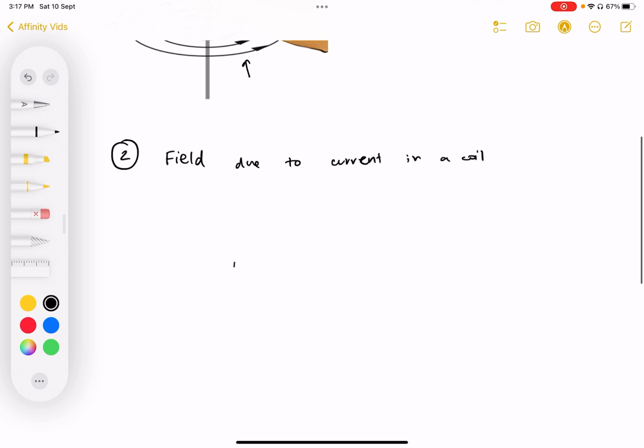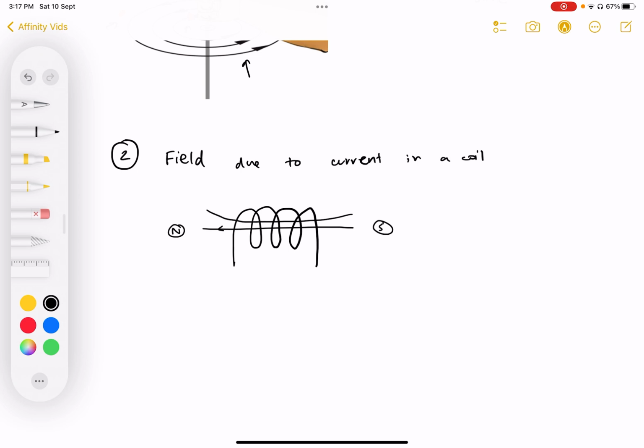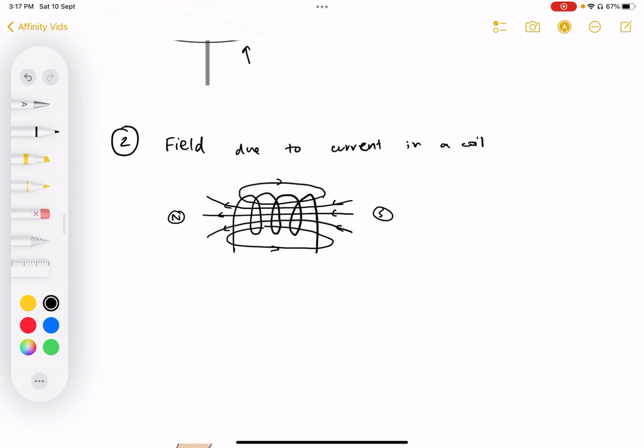Let's say this is our solenoid, and we're going to have a magnetic field over here. Let's say this is our north and our south, and our magnetic field is basically going to start looking something like this, with little circles that eventually go around the coil. But this is how our magnetic field is going to look.